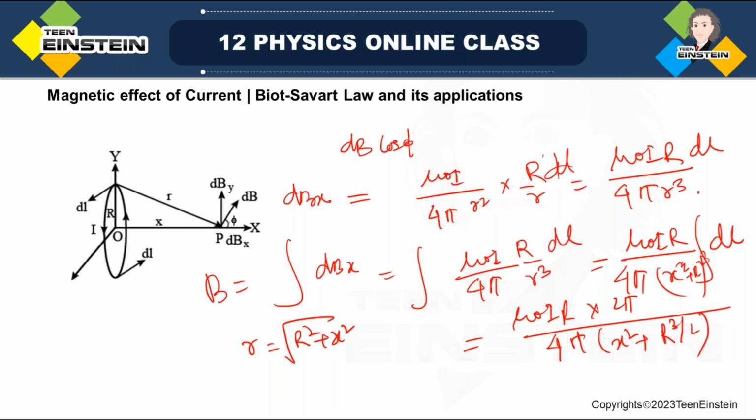So mu 0 I by 2 pi, so 2 and 2 and pi get cancelled. So mu 0 I, so here 2 will be cancelled, so mu 0 I by 2 into, I think that should be R square.